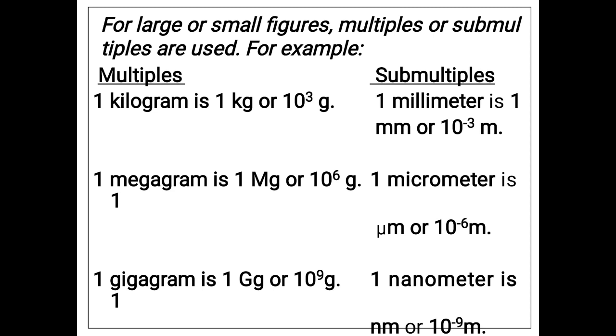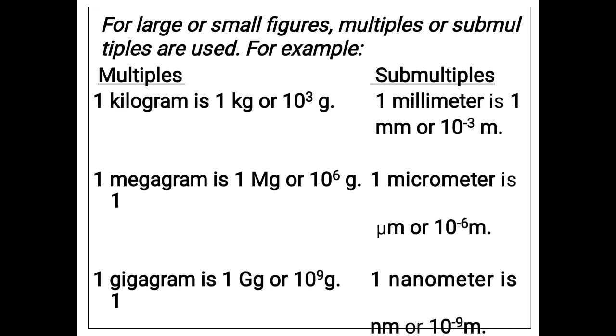For large or small figures, meaning we go from kilogram to grams, multiples or submultiples are used. For example, the first one is 1 kilogram, which is said as 1 kg or 10 power 3 grams.